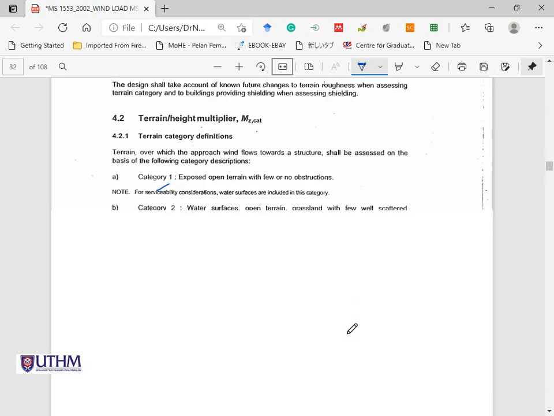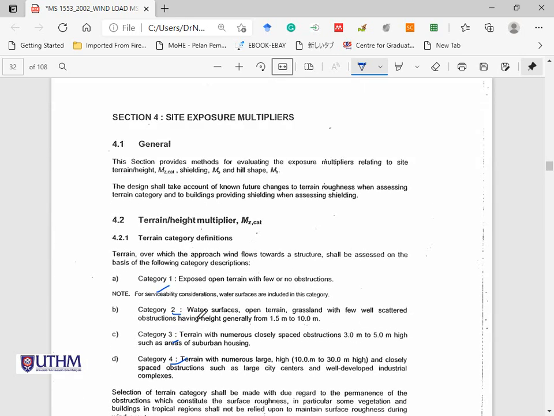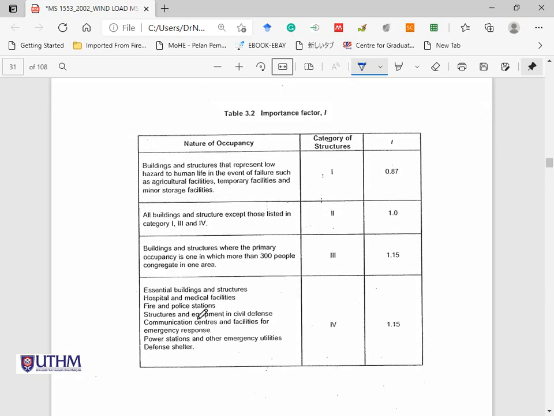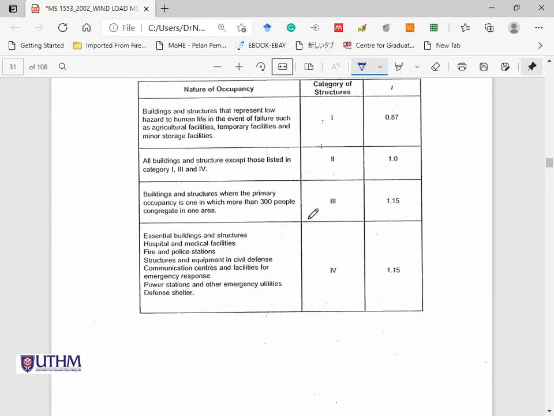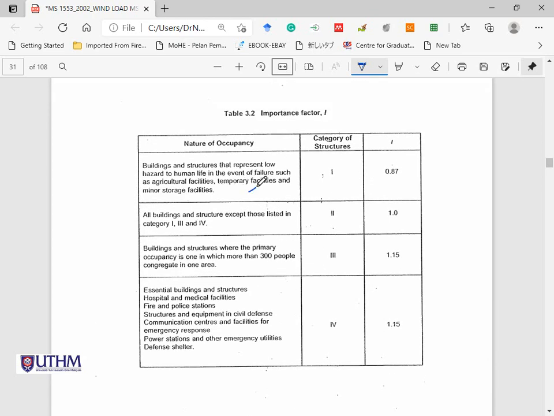Oh, sorry, that is different, this one. So the category here is the description. The first one, category number 1, is for the importance factor: buildings and structures that represent low hazard to human life, such as agricultural facilities, temporary facilities, and minor storage facilities.